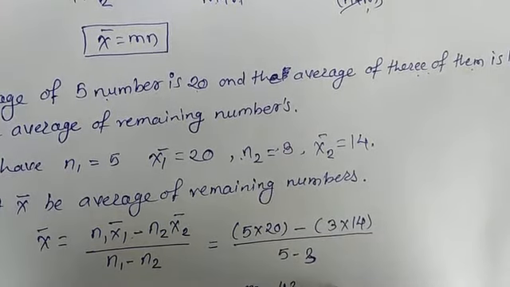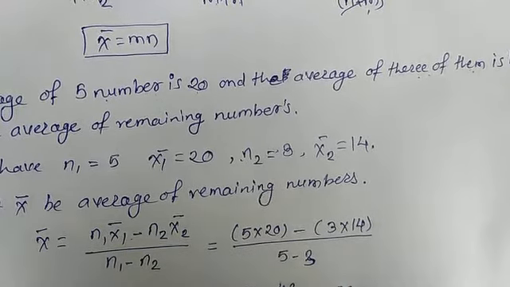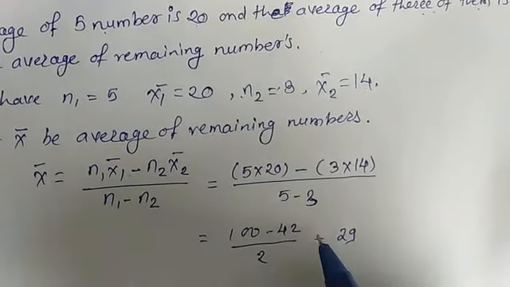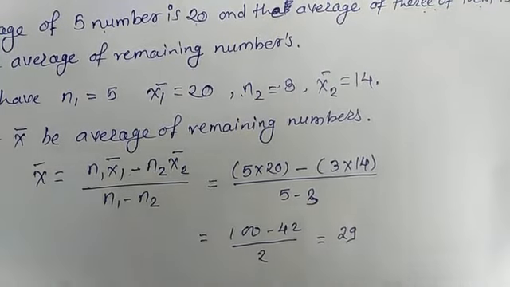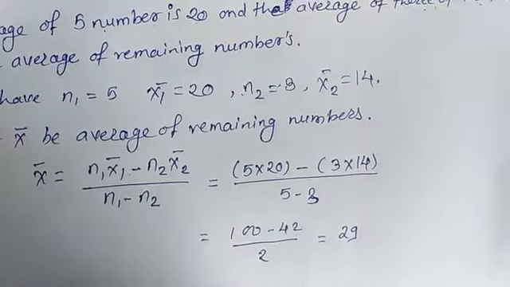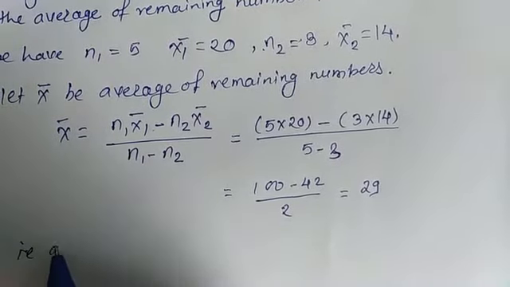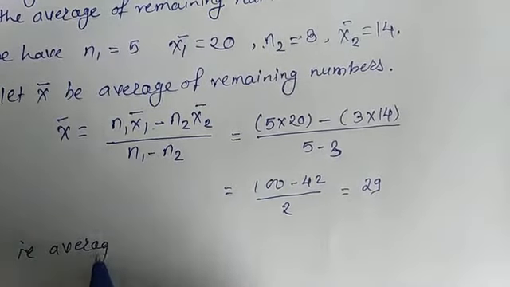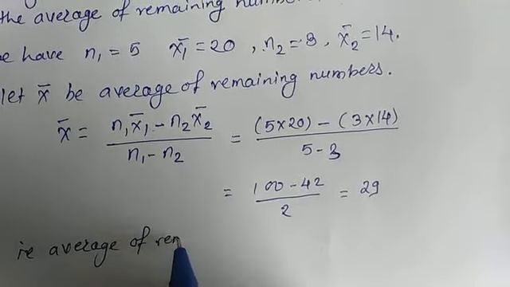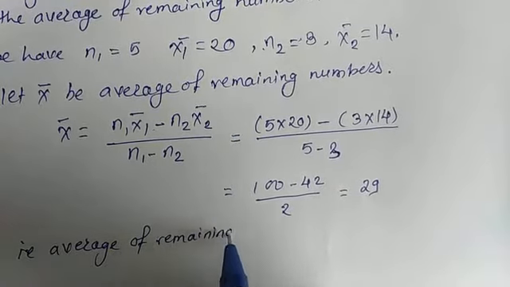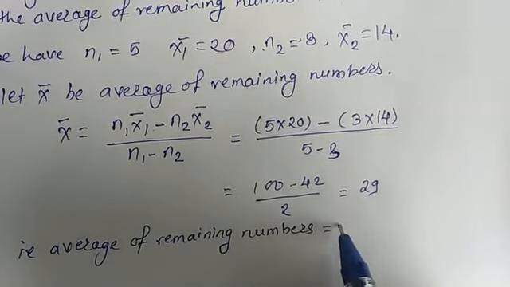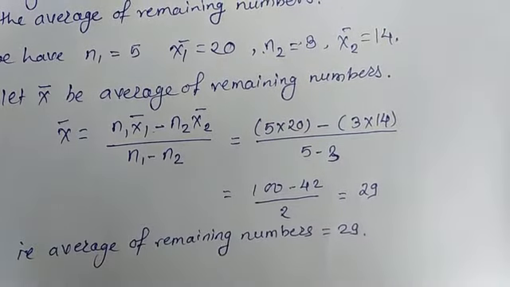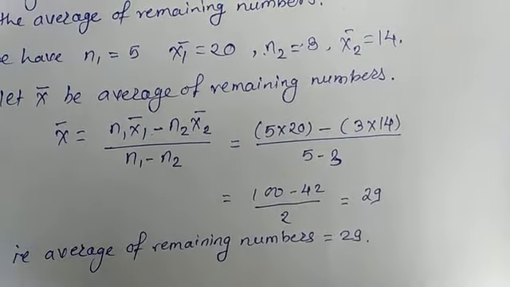Its total calculation will give us 29, okay, which is 58 upon 2, which will be 29. That means the average of the remaining numbers is equal to 29. Okay, which is our required solution.